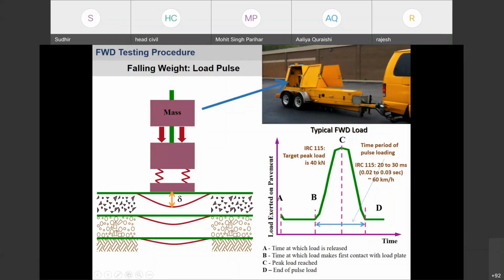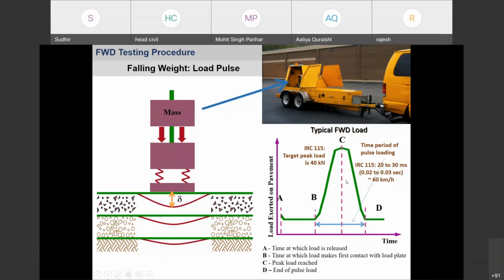So there will be a peak which will be reached, which is going to be point C, and as the mass rebounds back, the load will decrease and at some point will reach 0, which is presented by point D in the plot.